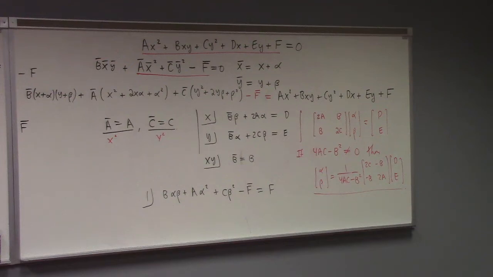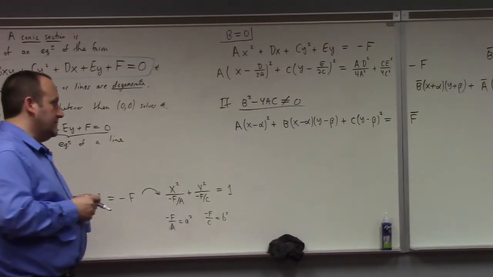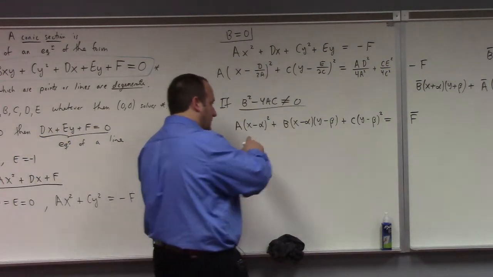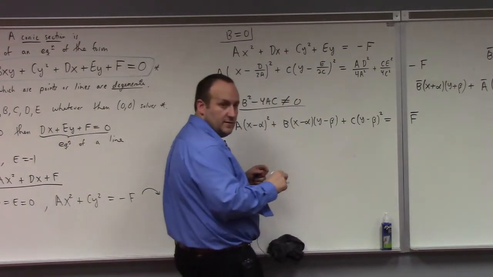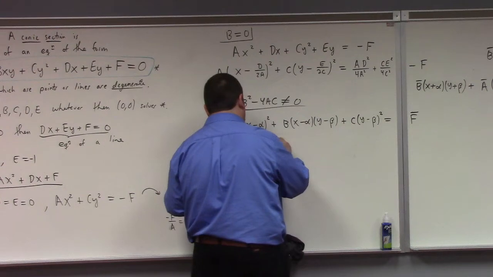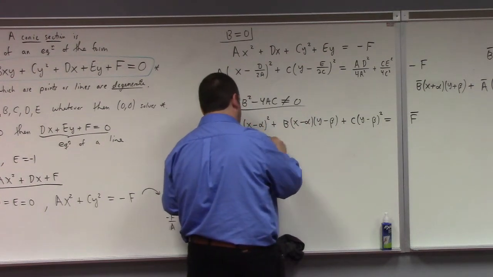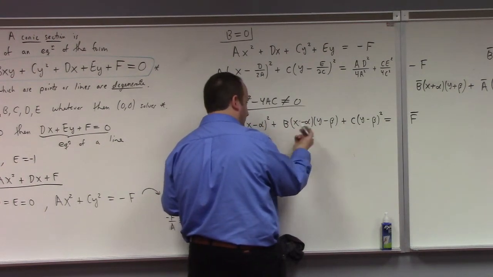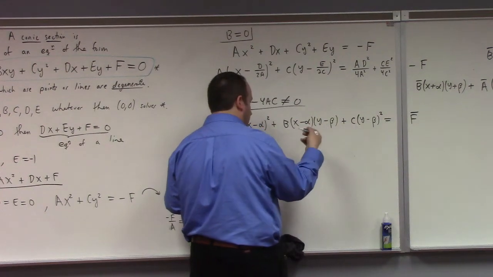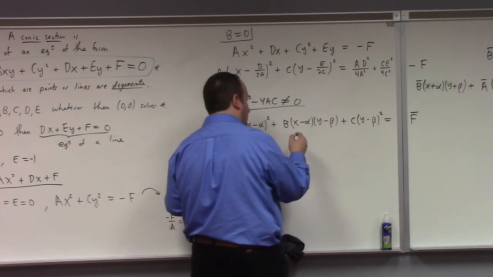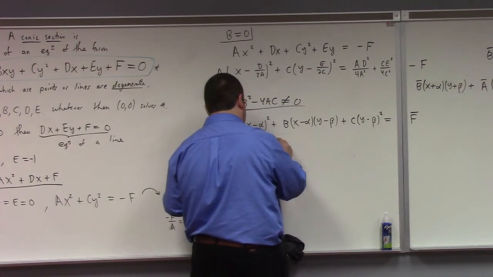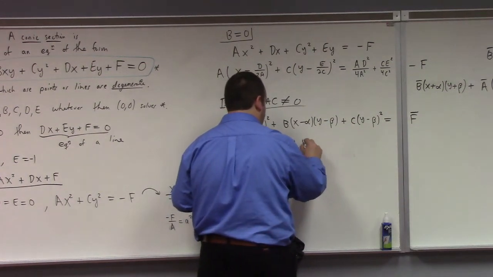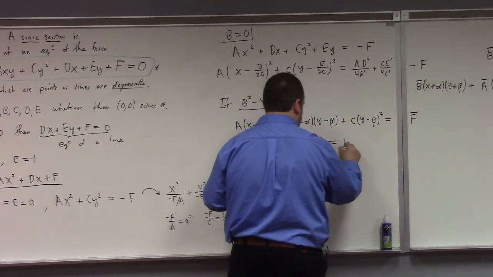Right? But here's the thing. This is nothing more than a quadratic form in x minus alpha, y minus beta, equal to f bar.